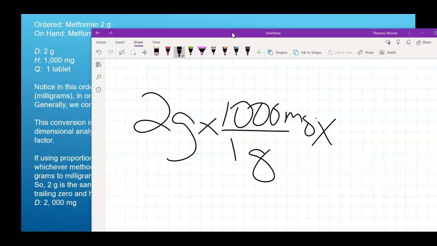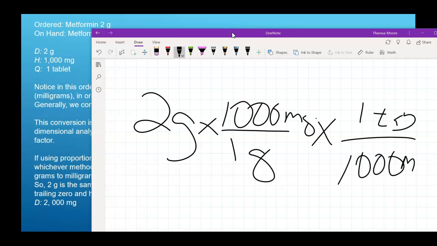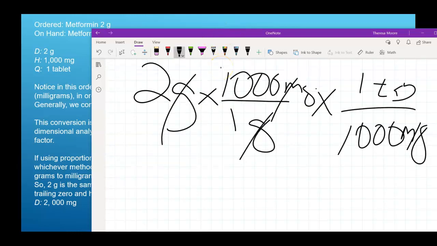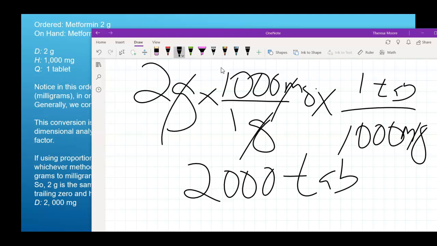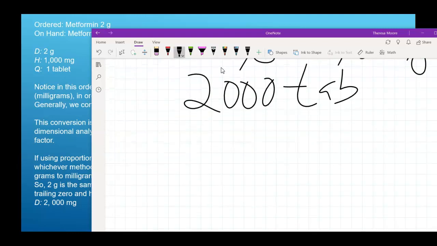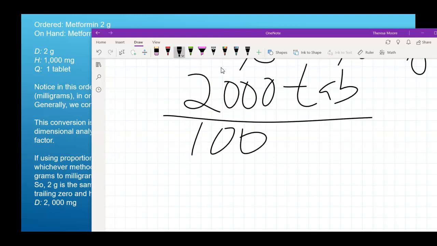Then we multiply by our Q over H, because we want to end up with the number of tablets and get rid of the unit milligram. So this way, grams cancel, milligrams cancel. If we multiply across the top, we have 2,000 tablets. Multiply across the bottom, and you have 1,000. 2,000 divided by 1,000 is just 2 tablets.